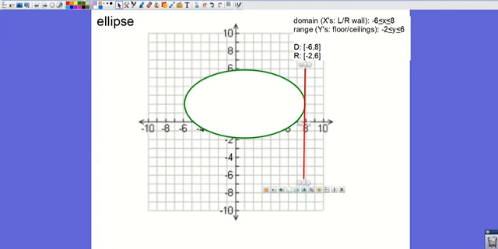So that's why you have this, and the floor and ceiling. Now you can also write it in interval notation like this. And remember, I put brackets instead of parentheses because it hits -6, +8, and it hits -2, +6.